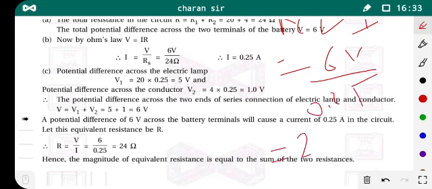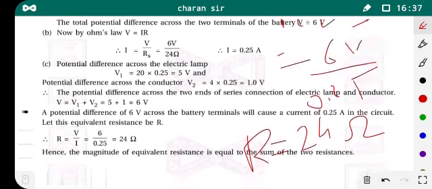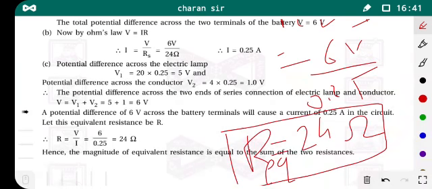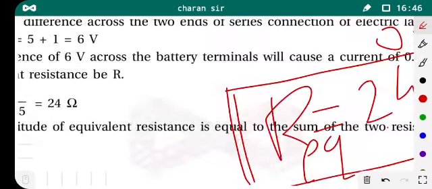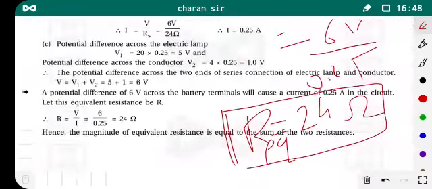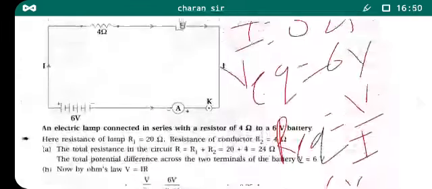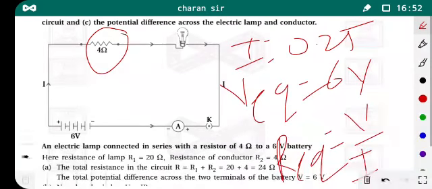So you get 24 ohms. So this is the equivalent resistance. From this numerical we conclude that the equivalent resistance in the circuit is the summation of the resistances of the individual conductors, the conductor and the electric bulb. Okay, so this is the numerical.